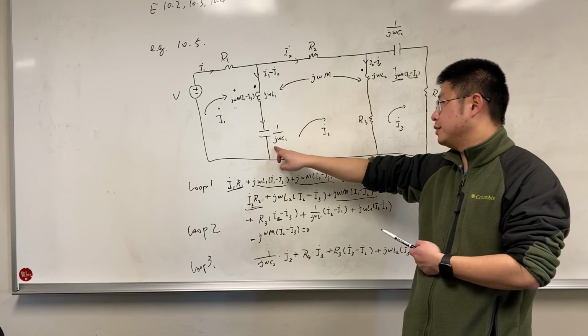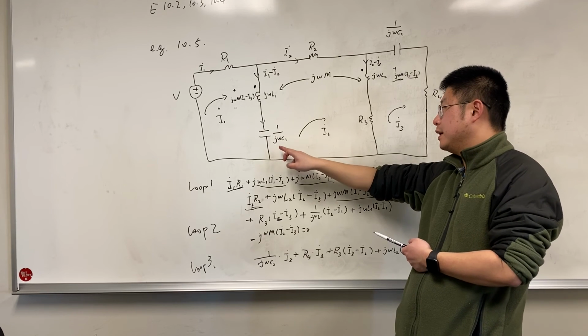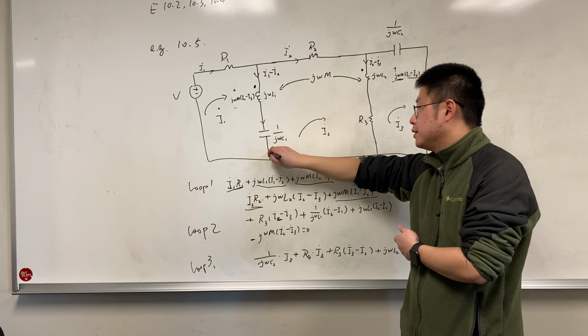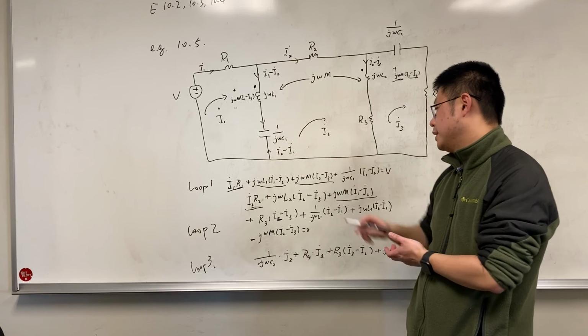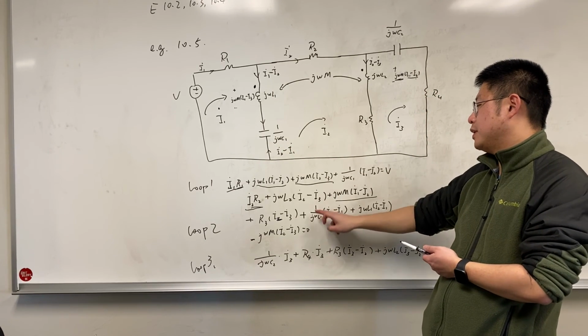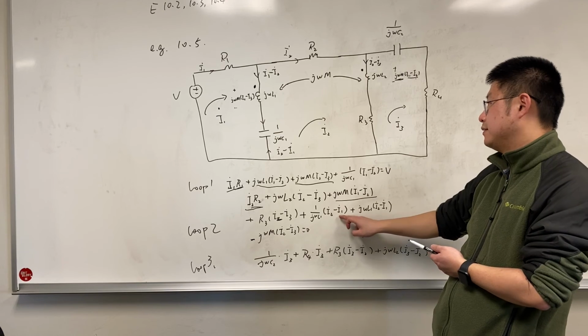And then it meets this capacitor, and the current here is I2 minus I1. So we have 1 over j omega C1 times I2 minus I1.